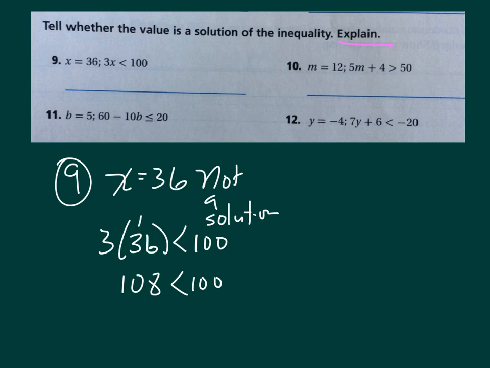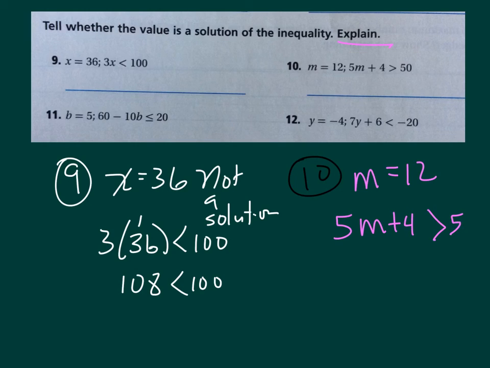Let's pick another one. Let's try number 10 here. Number 10 wants us to evaluate m equal to 12. If I do 5m plus 4 is greater than 50, let's evaluate m at 12. 5 times 12 plus 4 is greater than 50. 5 times 12 is 60.